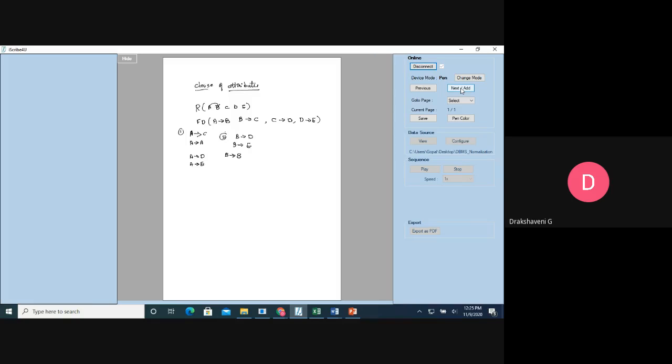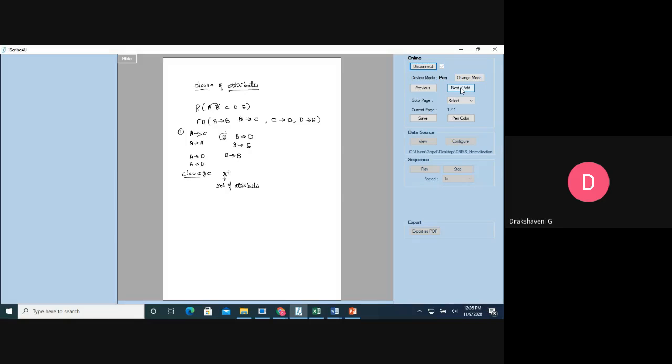Okay, so now can we say closure set? Suppose if I say X plus, what do we call it? We call it a closure. So what is this? This is a set of attributes.